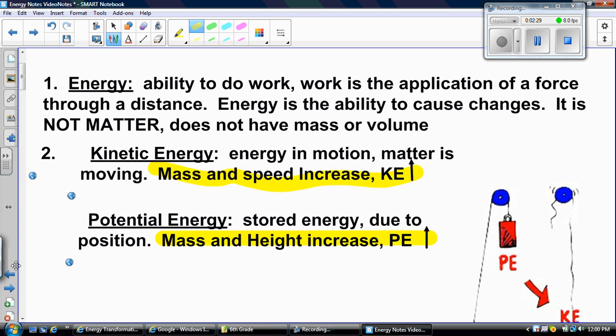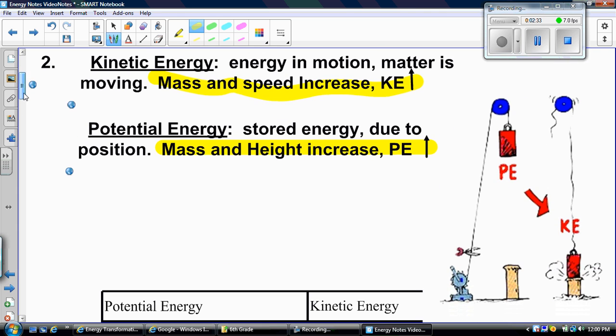Let's take a look at this weight in this picture. If we drop it from a higher height, then when that weight is dropped, all that stored potential energy due to position will get converted into kinetic energy, the motion.